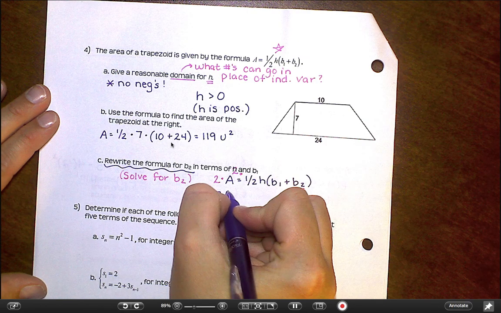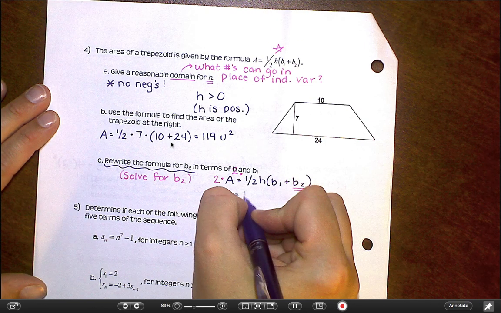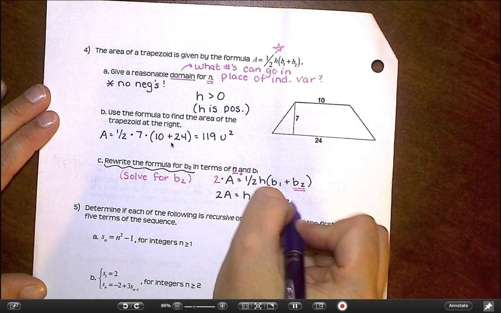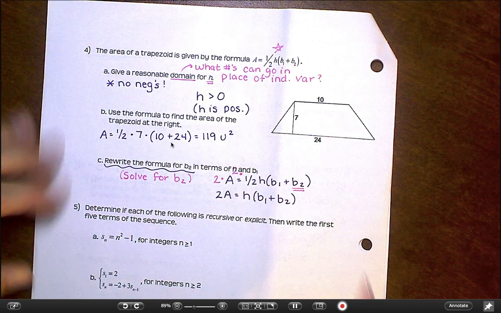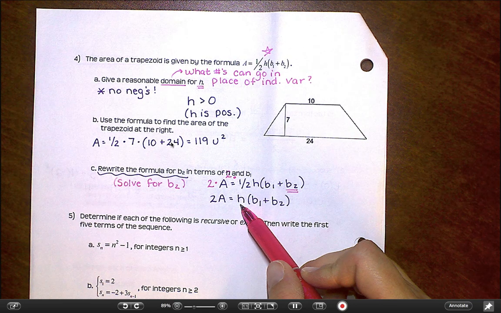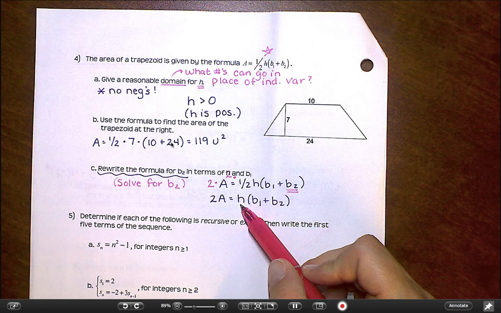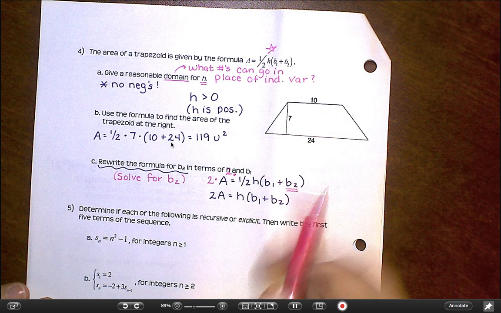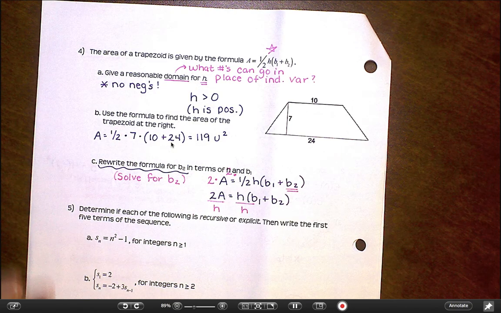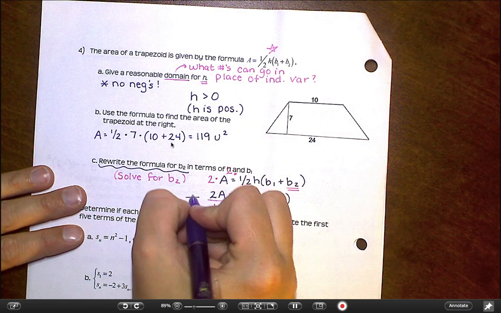So now we have 2A equals H times B1 plus B2. I can't dig into these parentheses until I get rid of the guard on the outside, right? And so that H needs to go next before I can get in there. And so I would divide by H. Just going to draw a quick arrow and go this way.